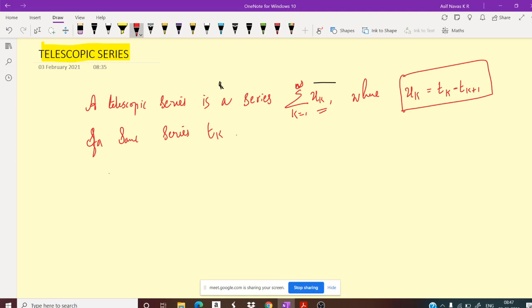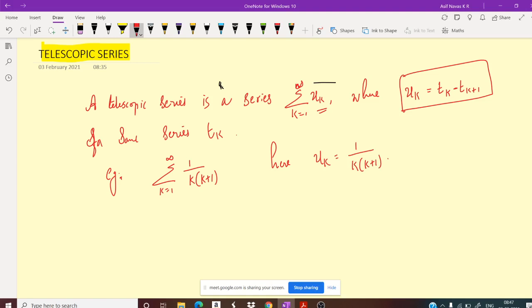For example, let sigma k equal to 1 to infinity 1 by k into k plus 1. So here uk is equal to 1 by k into k plus 1.